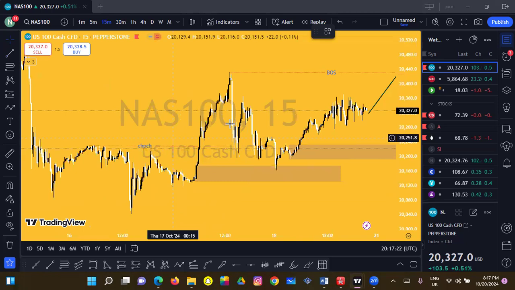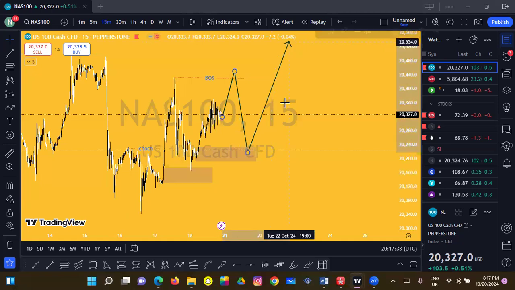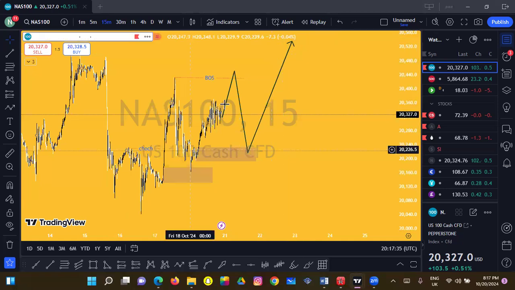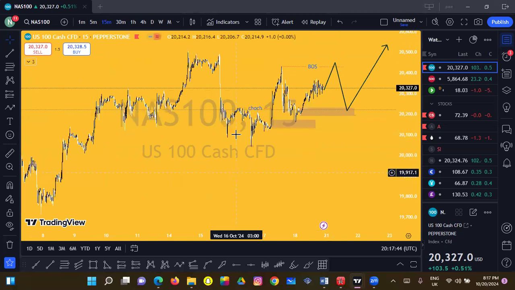Now we expect a break of structure, then after we continue. So this is what I'm expecting on NAS100. Let's see. In any way, the market can come down, but just know that the weekly, on my side, is still a minimum. Let me move to the US 30.